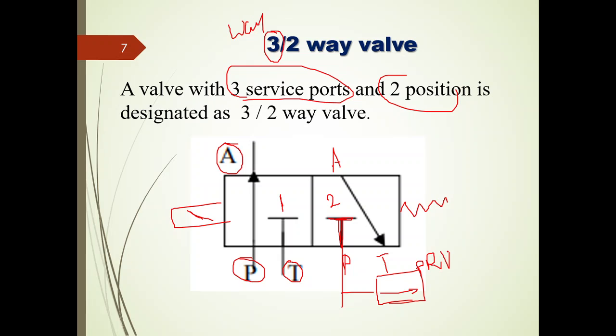In all the hydraulic systems whatever we are using, those are using positive displacement pumps. Because of this reason, you should compulsorily use the pressure relief valve in order to safeguard our hydraulic systems.